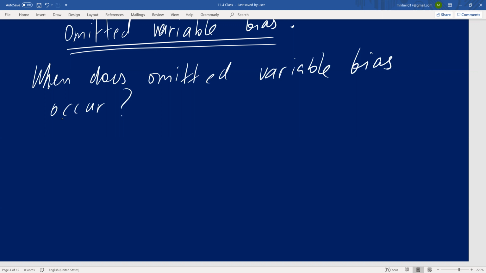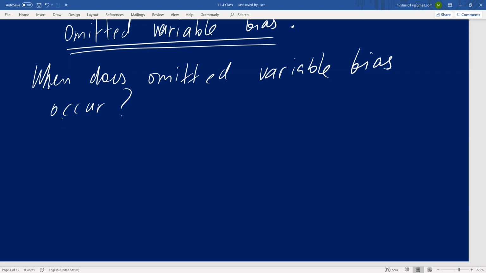So in a multivariate model that can have whatever number of independent variables, those variables that are in your model are known as included independent variables. But also there at least could be a lot of variables that are missing from the model because of various reasons.